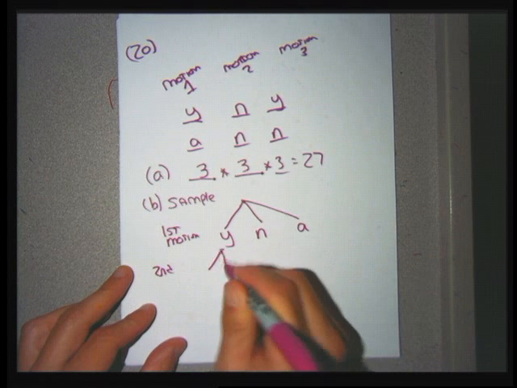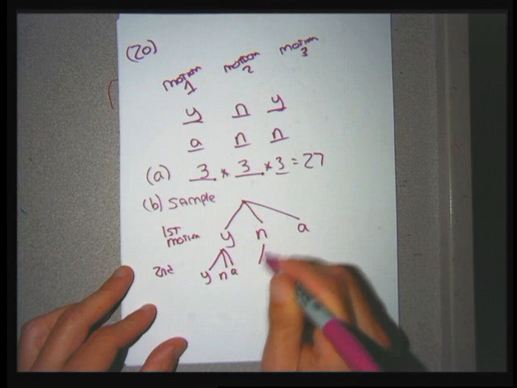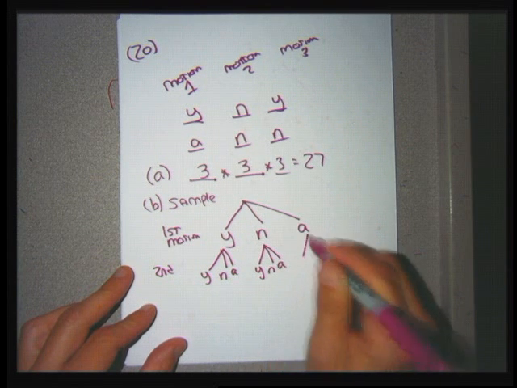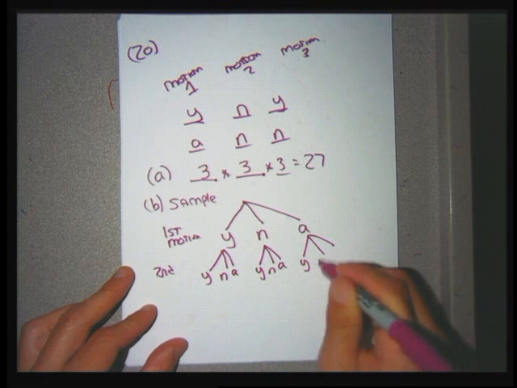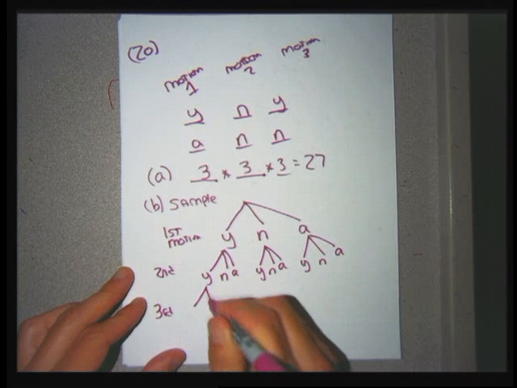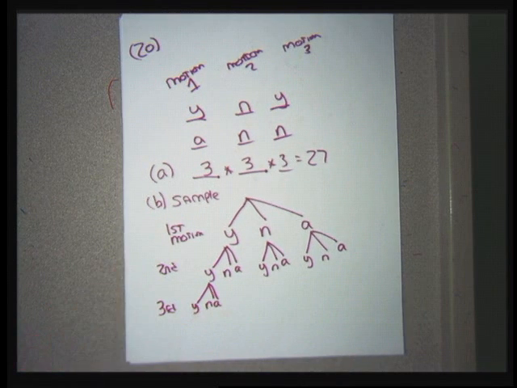For the second, I can do yes, no, or abstain, regardless of what I did on the first. And for the third, regardless of what I did on the first 2, I can do yes, no, and abstain. And let me start doing the sample space before I fill out this whole thing.